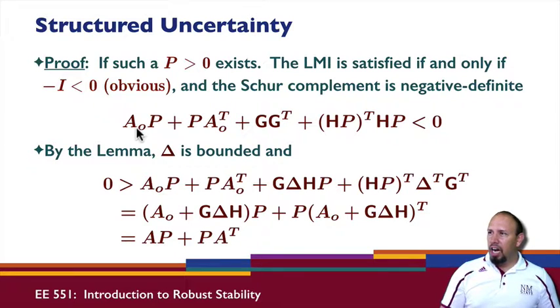That is, for any delta of norm less than or equal to 1, if that inequality is not satisfied, then we can find a delta that makes the uncertainty make the system unstable. So anyway, the sufficiency is the main part of the proof, as far as I'm concerned. The necessity, not so much. But anyway, I won't go into all the details. I won't bore you with all of the details.